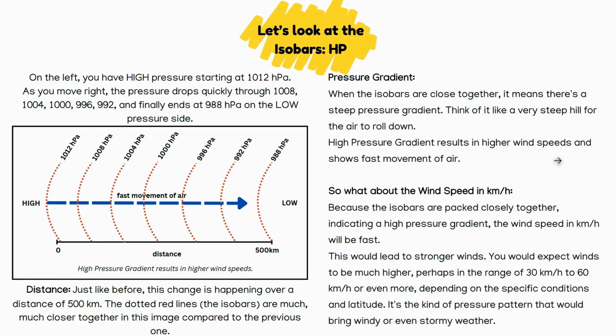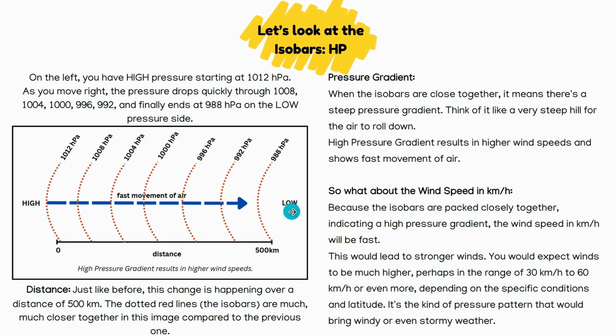So in your high pressure gradient, on the left, you have a high pressure starting at 1012 hPa, and as you move to the right, the pressure drops quickly, and it finally ends at 988 hPa on the low pressure side.